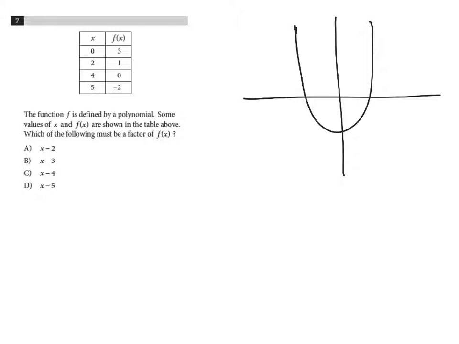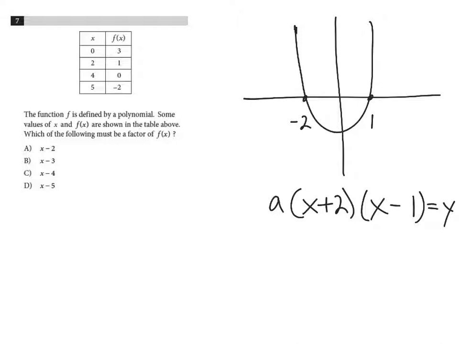Let's say we've got a parabola, and we have x-intercepts here and here at maybe 1 and negative 2. Well, then we know that the two factors we're going to have are x plus 2 and x minus 1, and then we're going to have some a value, right? That's going to equal y, because we know that when x equals 1, y equals 0.